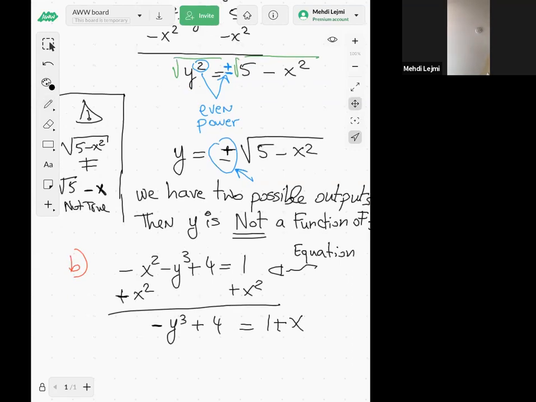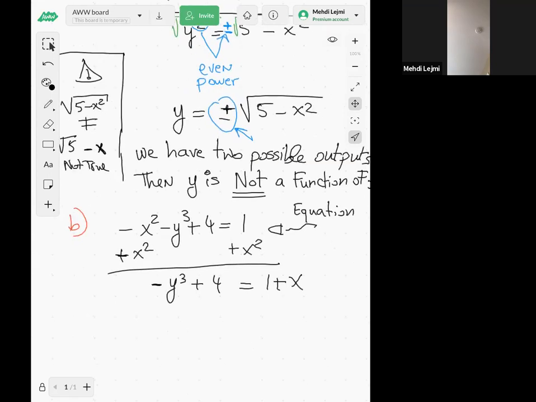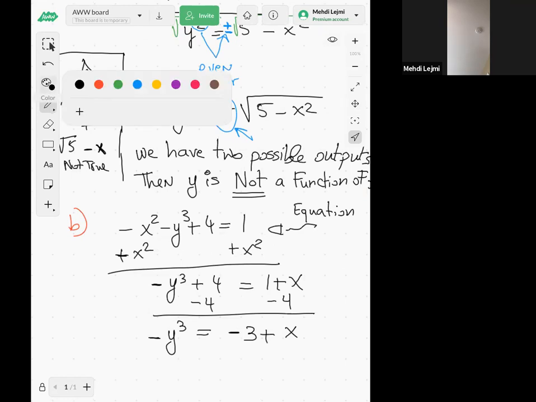And then you subtract 4, so minus 4 minus 4. That would be minus y cubed equals 1 minus 4, which is negative 3, plus x squared. There's a negative y cubed, so to get rid of the negative, I'm going to divide by negative 1, the whole thing over negative 1.